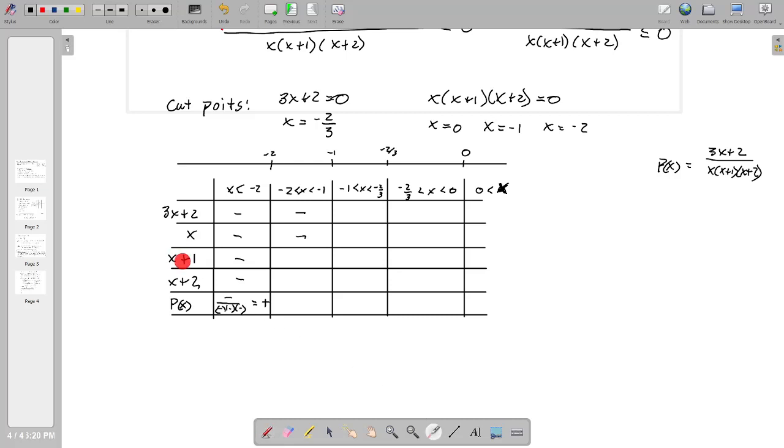Plugging in a -3/2 plus 1, -3/2 is bigger in magnitude than 1, so -3/2 plus 1 is -1/2, so I have a negative. And -3/2 plus 2 is positive, since -3/2 is not as big as 2. So our p of x would then look like this. We would have a negative number on top, that's the 3x plus 2, divided by a negative times a negative times a positive.